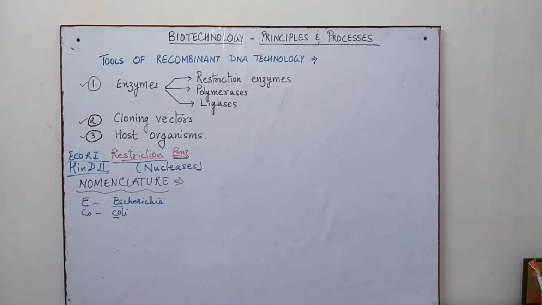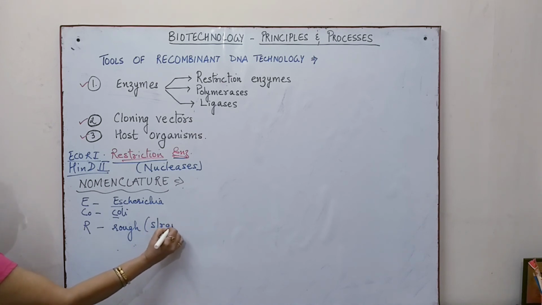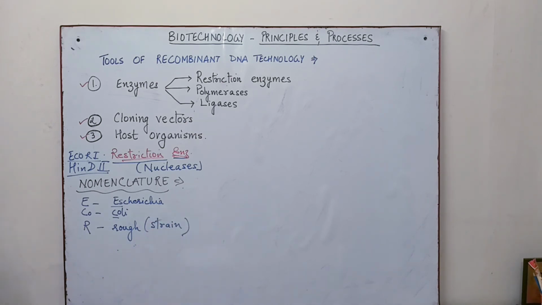Then the second part of the name, that is R over here, is the strain. That is, whether it is a rough strain, where the outer covering is rough, or whether it is smooth. Over here it is the rough strain. That is the type of strain we talk of.